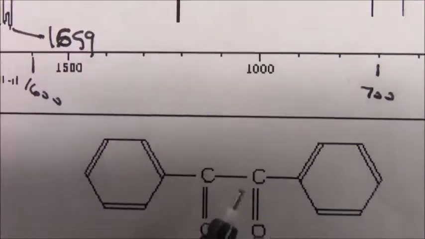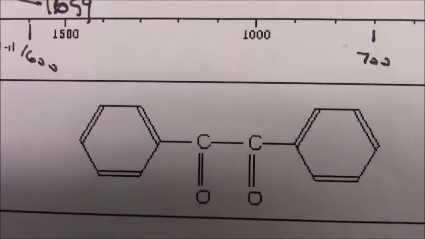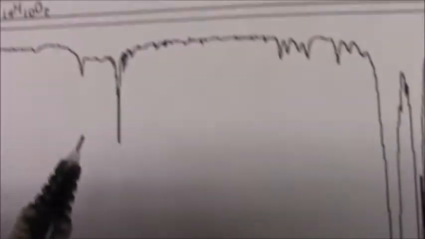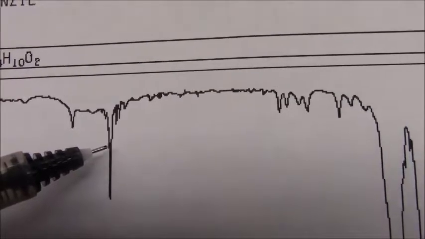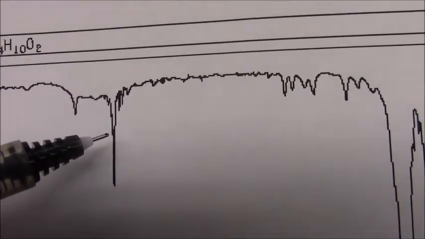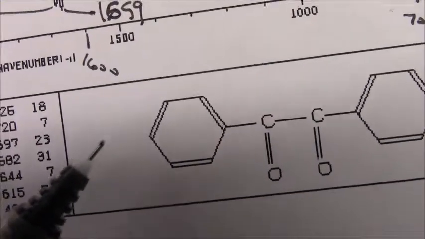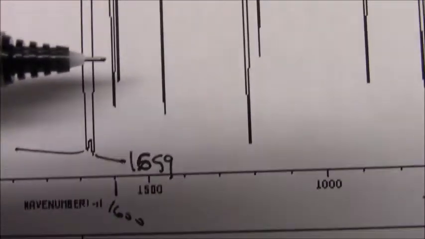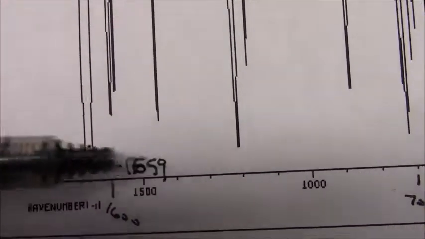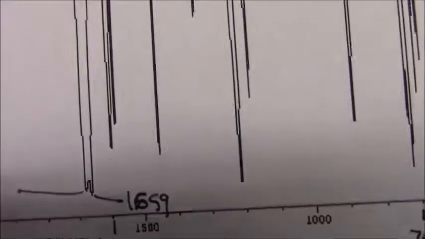For some reason, this likes to take on a specific orientation where the 2 of them are slightly different in frequency. This is the overtone, the spike of the C double bond O overtone, and this one is just past 3000. It's the sp2 hybridized carbon with a hydrogen stretching, or you could call it the aromatic CH stretches. We have right at 1600 these 3 aromatic carbon double bond stretches, and then the mono-substituted area.